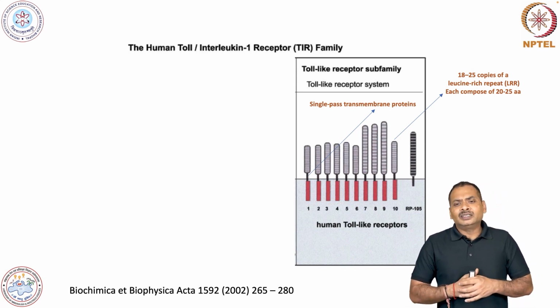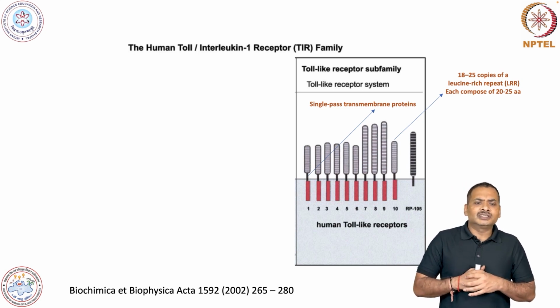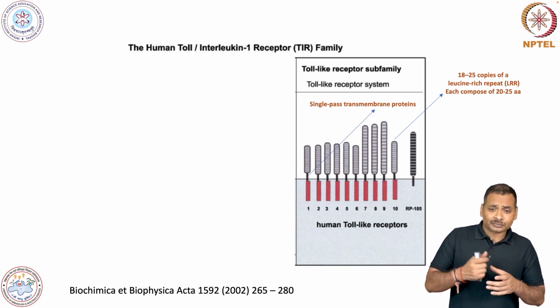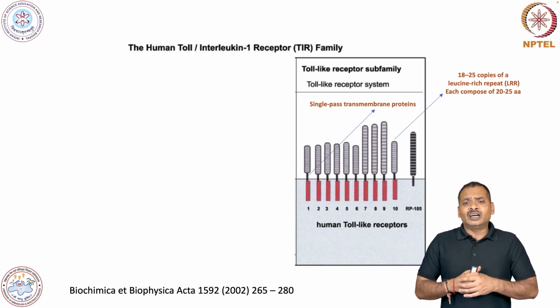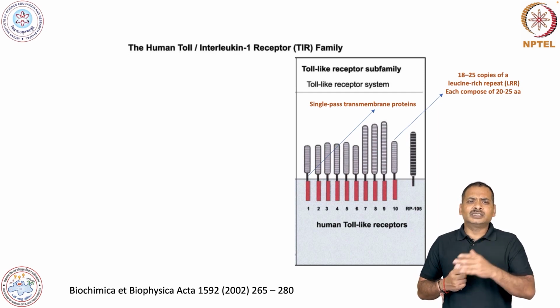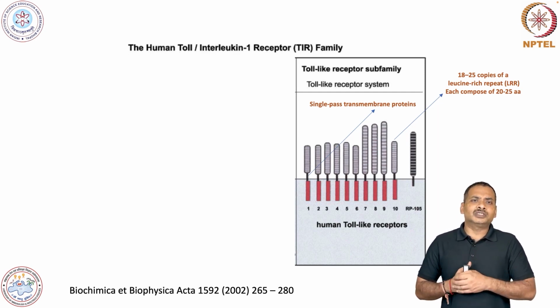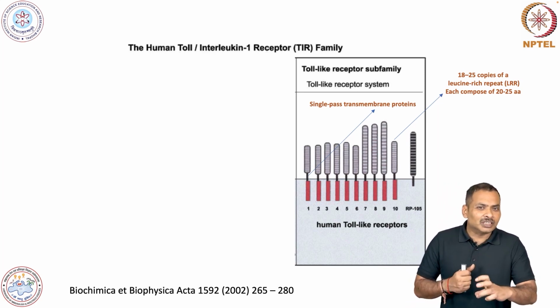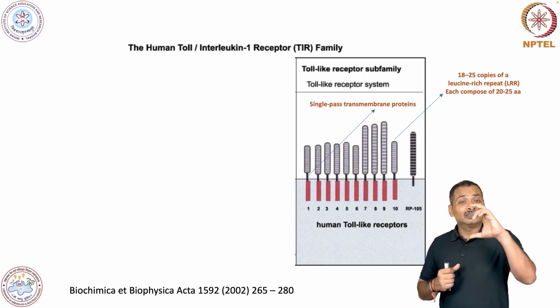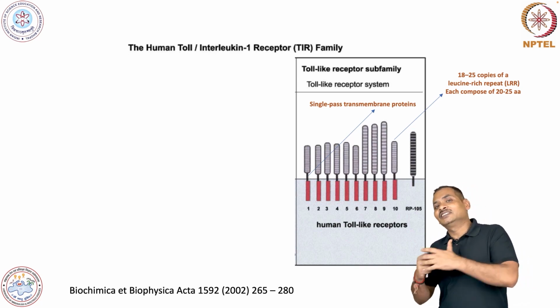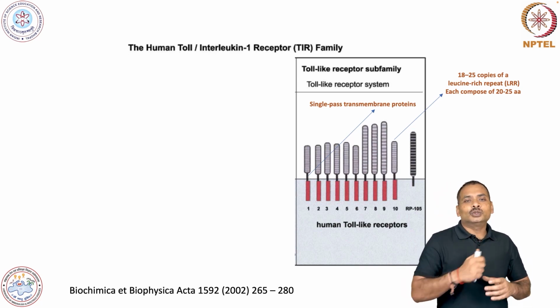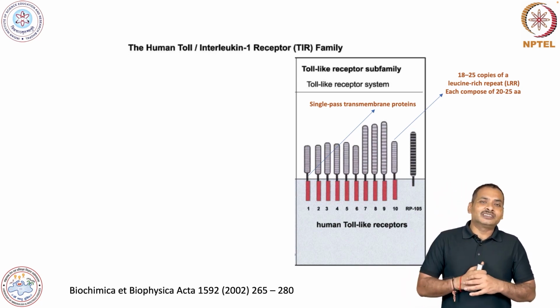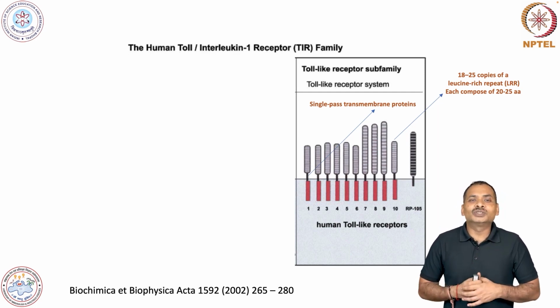And another most important region is the TIR region. Here you can see the Toll IL-1 receptor region, and this Toll IL-1 receptor region is the cytoplasmic region, and this plays the most important role in signaling. So if you eliminate this domain, then there will be no signaling.